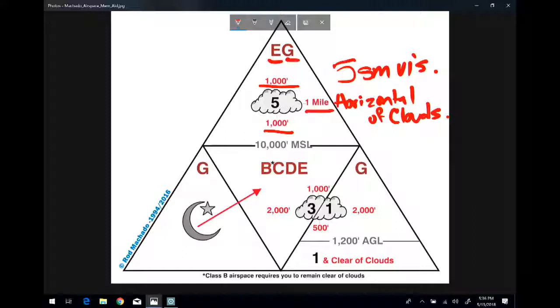Okay? That is in Class Echo and Golf airspace above 10,000 feet MSL.